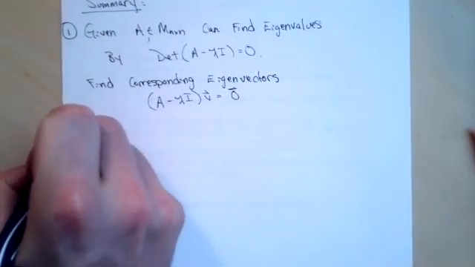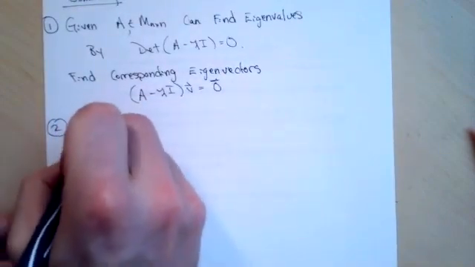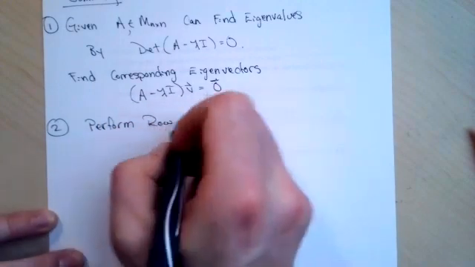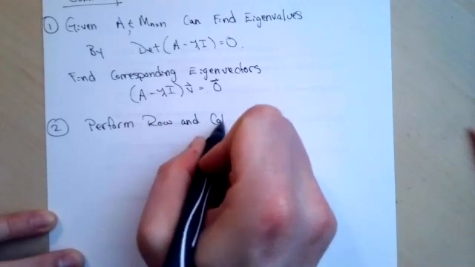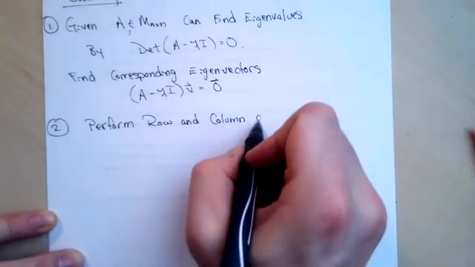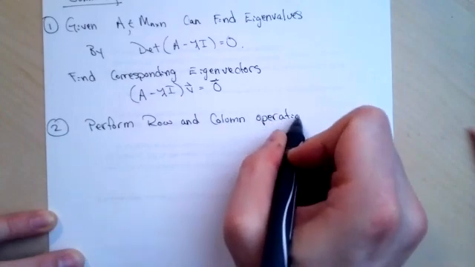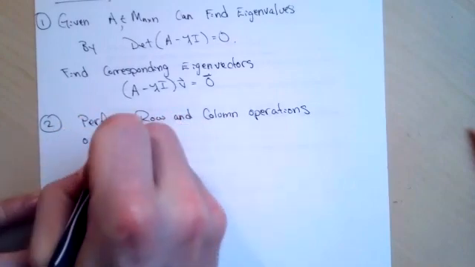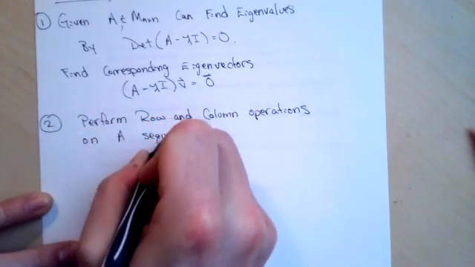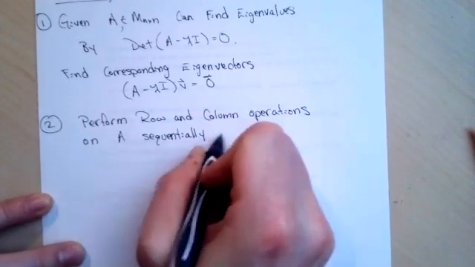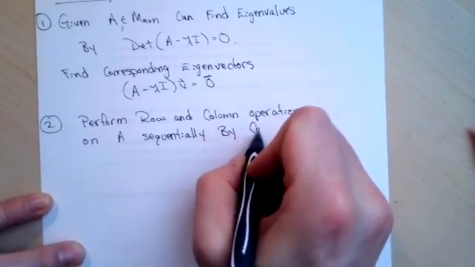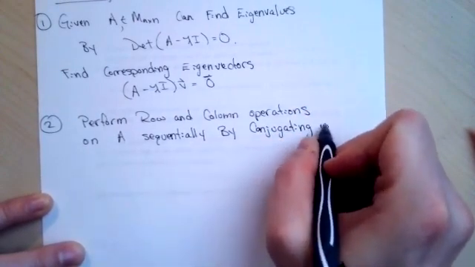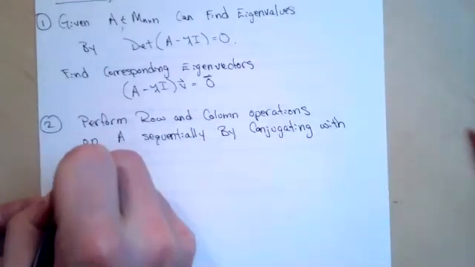Method 2 is to perform row and column operations on A sequentially by conjugating with elementary matrices.